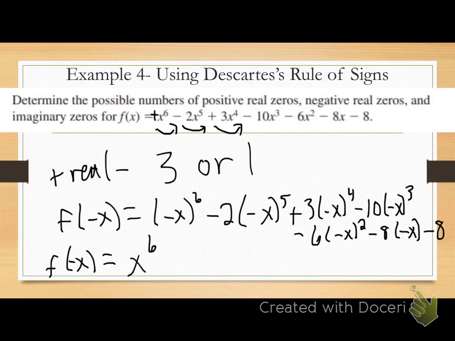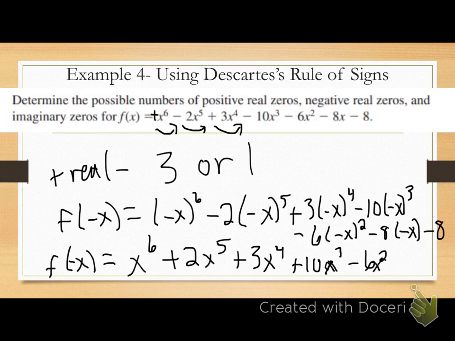And then my negative 2 times negative x to the 5th would become positive 2x to the 5th, plus 3x to the 4th, plus 10x cubed, minus 6x squared, plus 8x minus 8. So this function at the bottom is f of negative x.